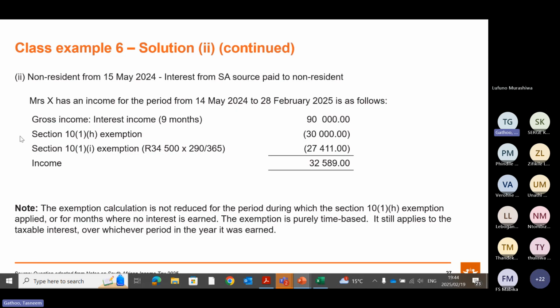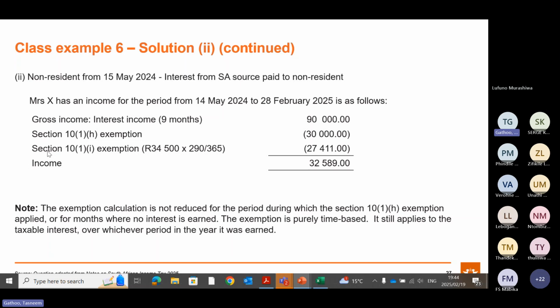So let's look at the calculation now. For that period that she was non-resident, she would have received gross income for 9 months. So it's 9 times 10,000, 90,000. Then there were those 3 months, December, January, and February, where she qualified for the Section 101H exemption, so minus the 50,000.